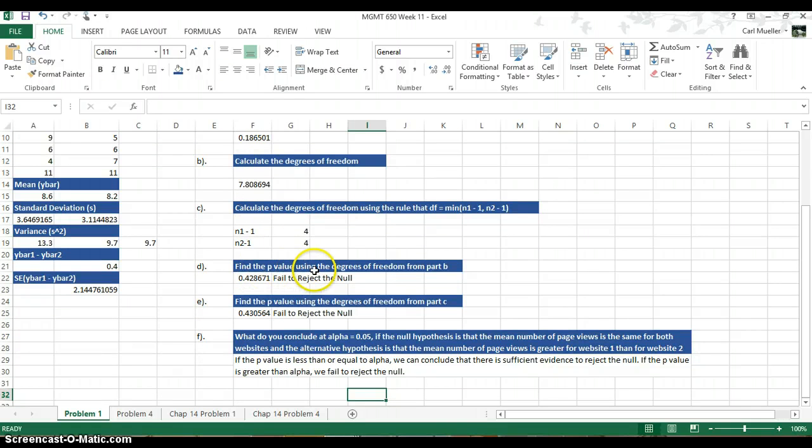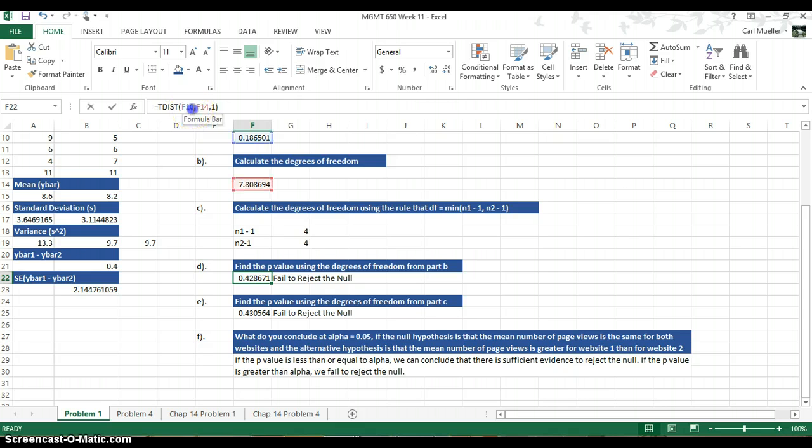Find the p-value using the degrees of freedom from part B, our calculated degrees of freedom. How do we do that? The t-distribution function. First, what's our value for x in this case?